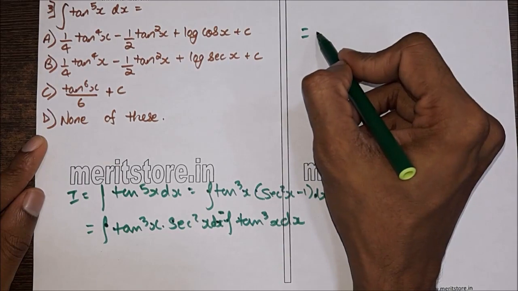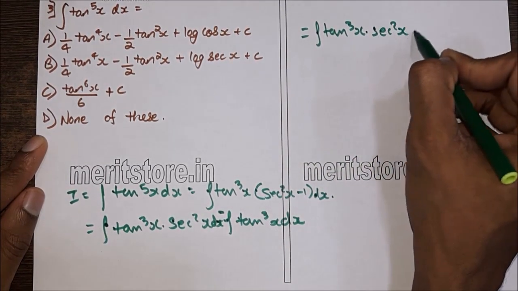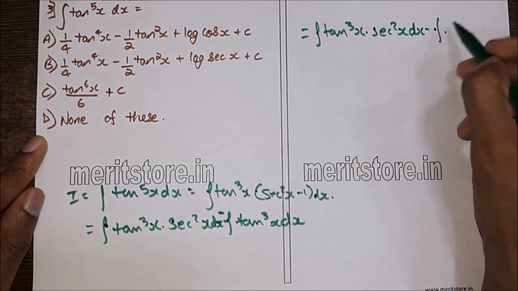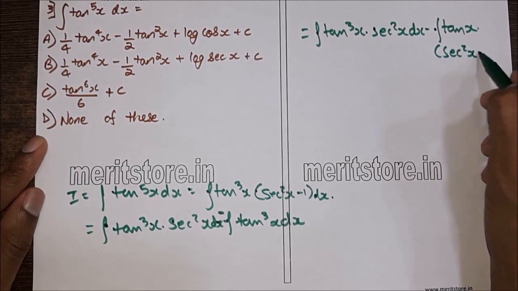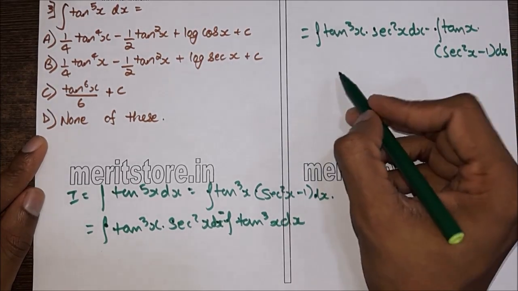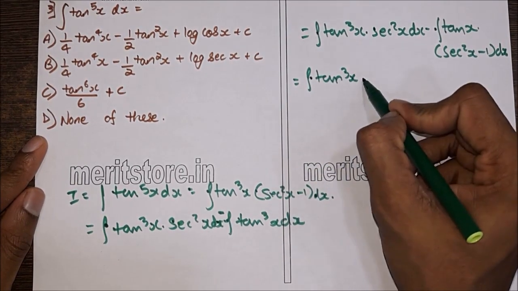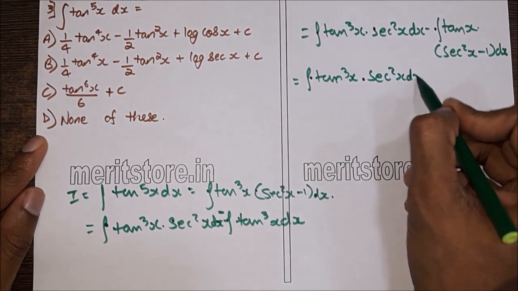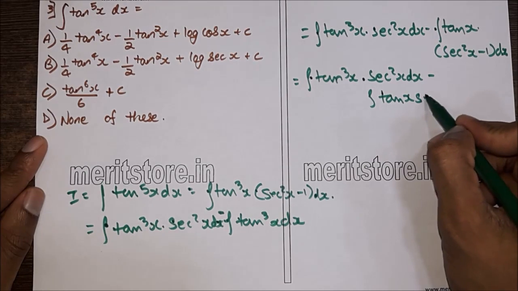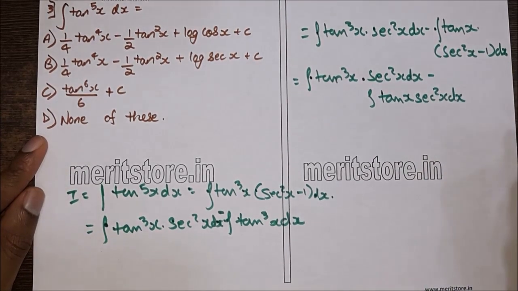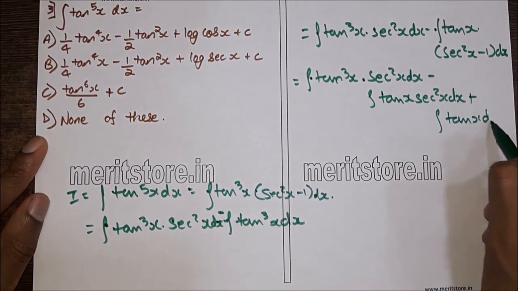For solving it, we write as integral tan cube x into sec square x dx minus integral tan x into (sec square x minus 1) dx. For solving this, we get integral tan cube x into sec square x dx minus integral tan x sec square x dx plus integral tan x dx.